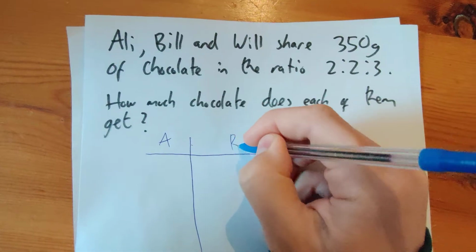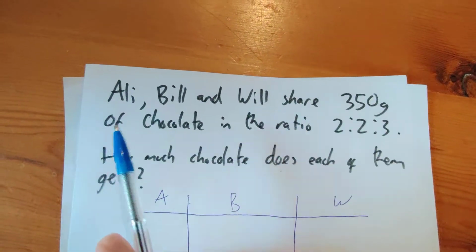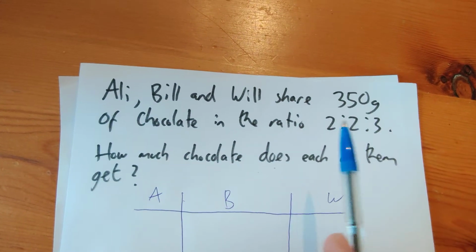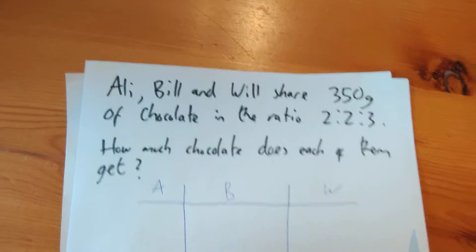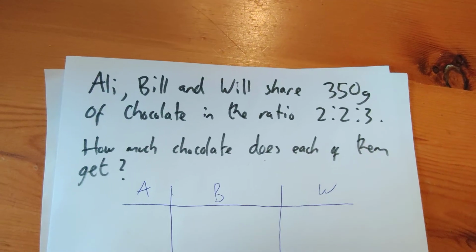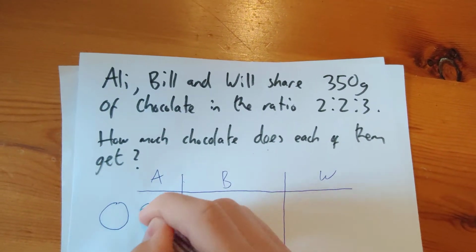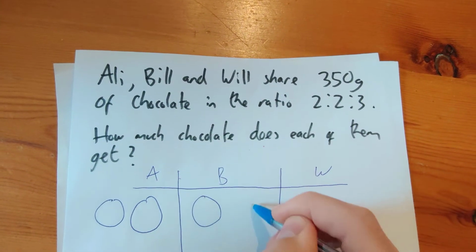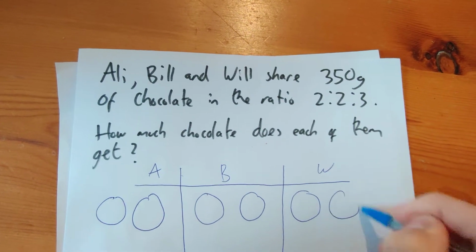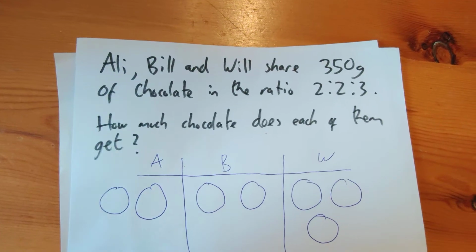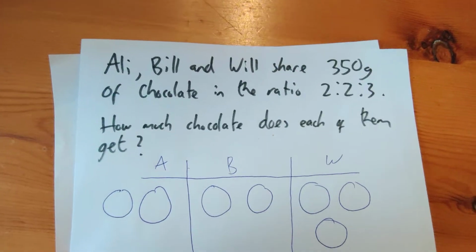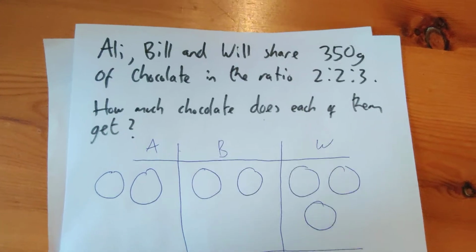Ali, Bill and Will, the order of the names and the order of the ratio must match, otherwise Ali's going to end up getting more than he should do. 2:2:3, so the first person has to get 2, the second person has to get 2, and the third person has to get 3. The rest of it very, very similar to the previous one.